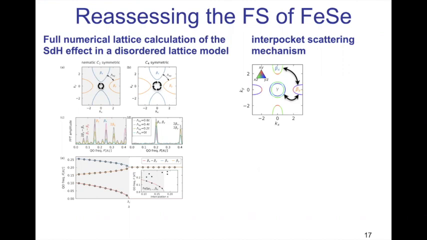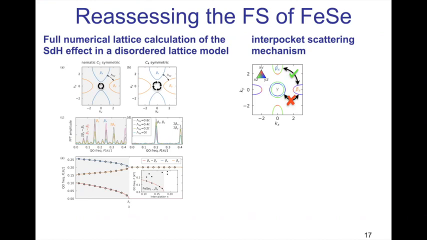This is actually in accordance with the believed s-plus-minus superconductivity, because impurity transitions between the two electron pockets are not pair breaking, whereas the other ones would be pair breaking. But still, that doesn't give us a mechanism. So what could be a possible mechanism?